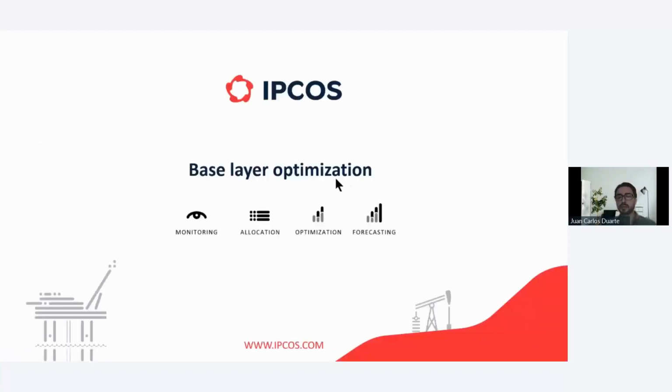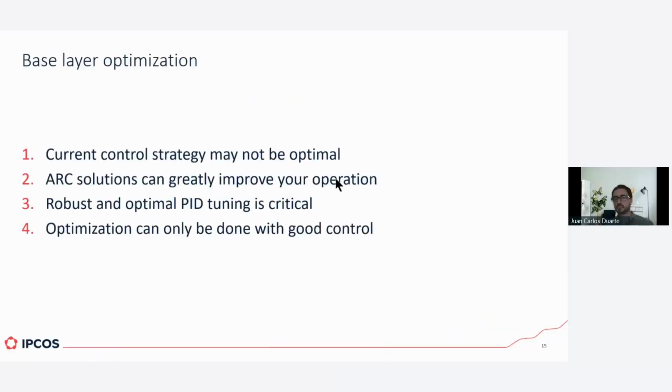Then after that, when everything is implemented, we also do the base layer optimization. Basically, we go and review all the control strategies that have been implemented in the plant, so they can greatly improve your operation. And we also do, of course, the PID tuning of all those loops.